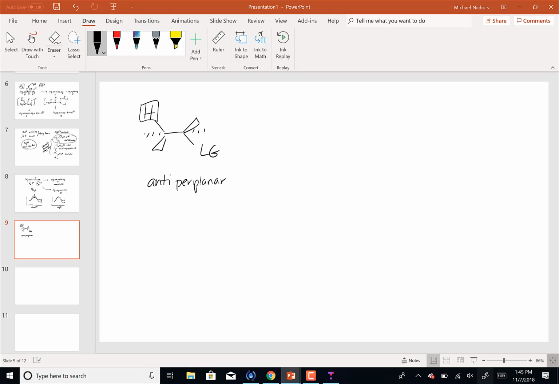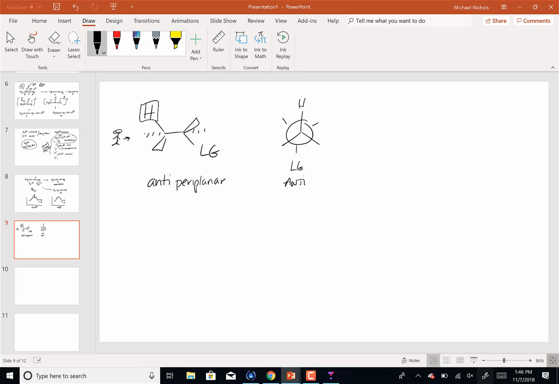So here I've drawn it anti-periplanar to the leaving group. Of course, if I was over here, looking this way, here's the hydrogen, there's the leaving group, and we would say the hydrogen and the leaving group are anti. And the periplanar is understood.